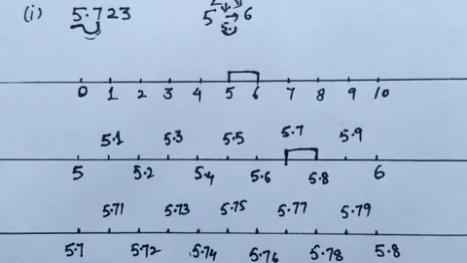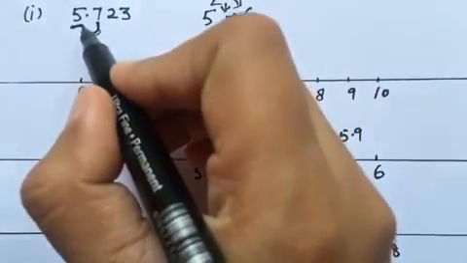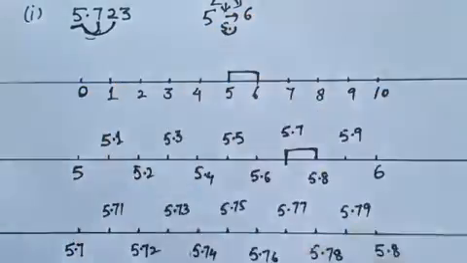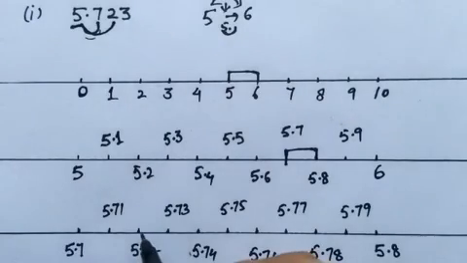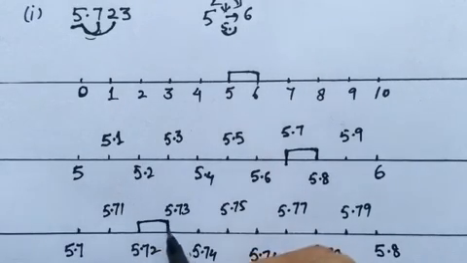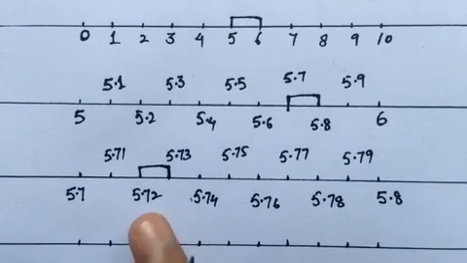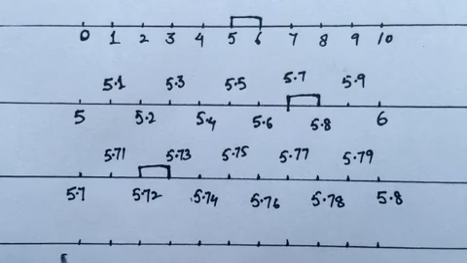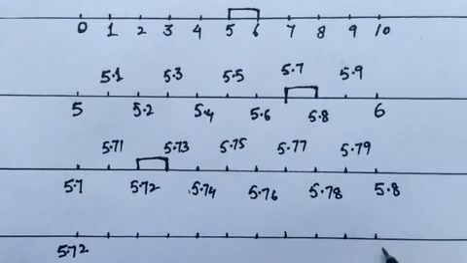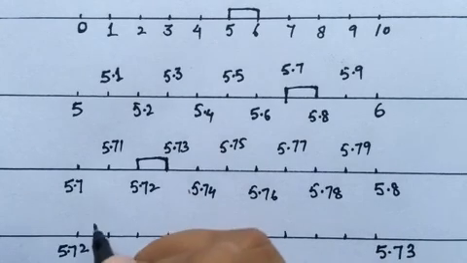Now again we are between 5.72 and 5.73. So in the next line again we will draw that line and we will start writing 5.72 to 5.73.